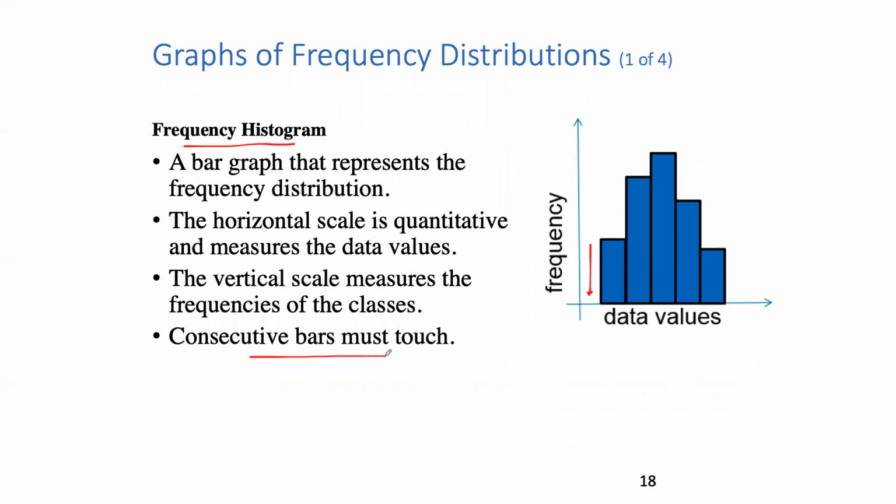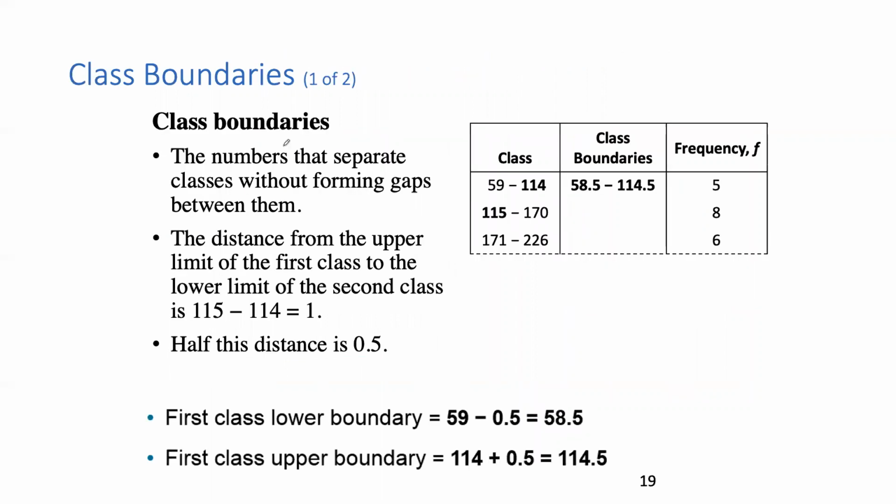So in order to make sure these consecutive bars touch, I come up with this notion of what we call class boundaries. If I look at the first class, it ends at 114, the second class begins at 115, and if these two bars need to touch, the difference is 1. As with anything, I split that difference.